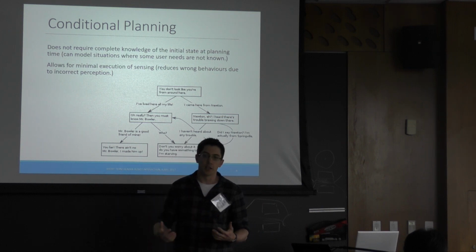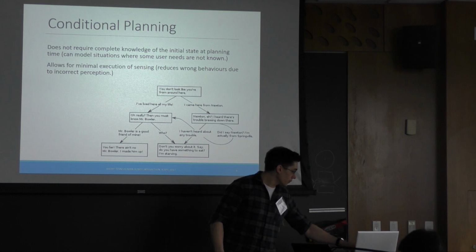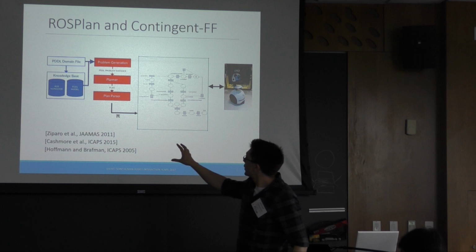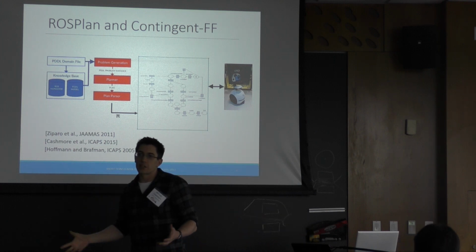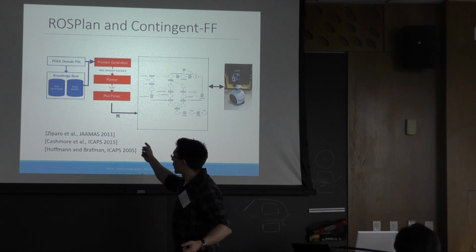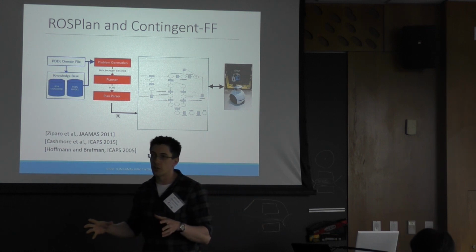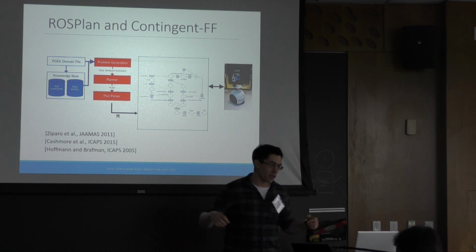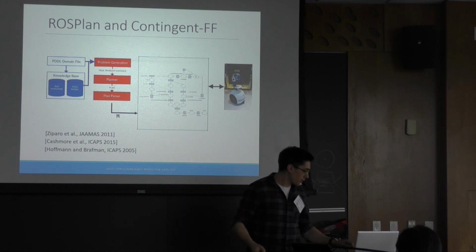We want them to be like a dialogue tree. So we used ROSPlan on the left-hand side to parse our domain and problem files and create these dialogue trees, here the plan, and then pass them onto the PNP library to be executed on the robot.